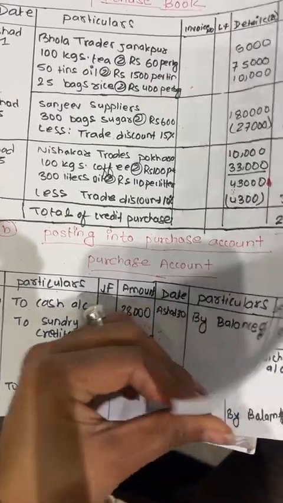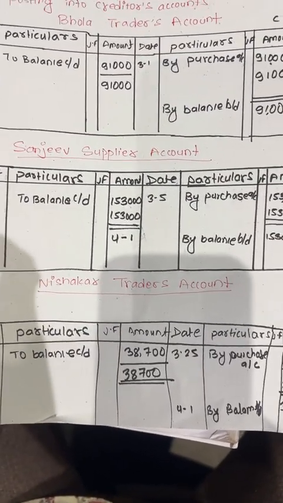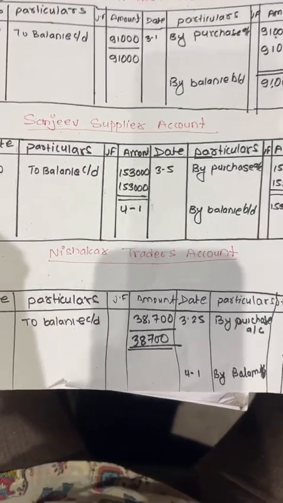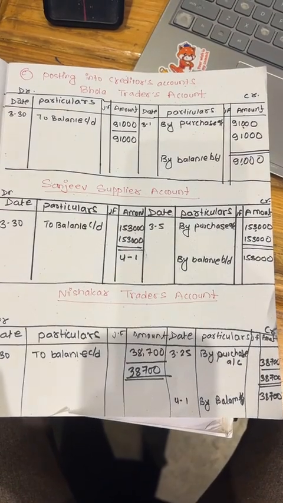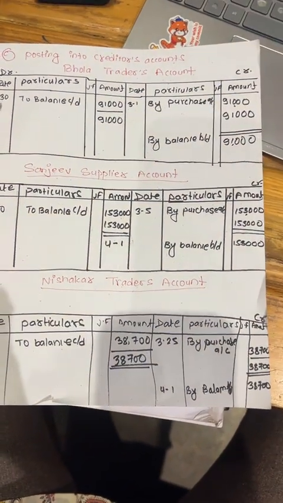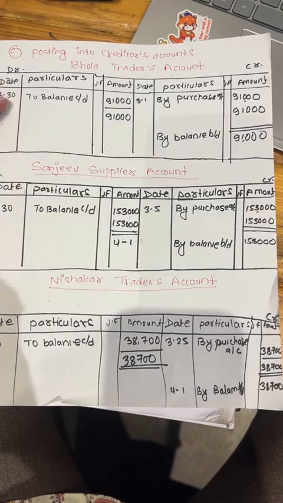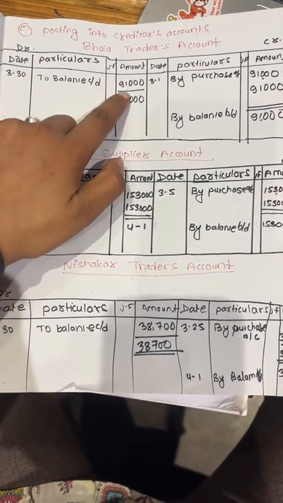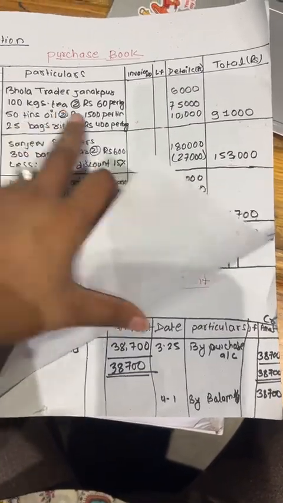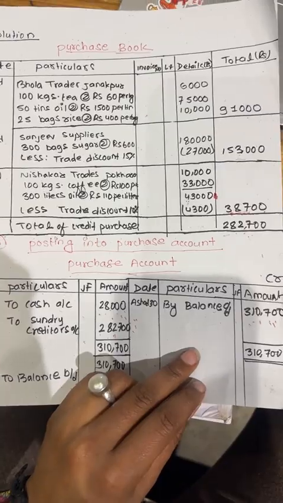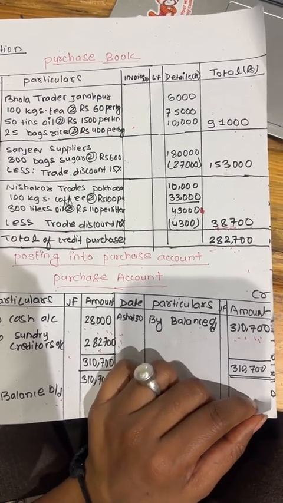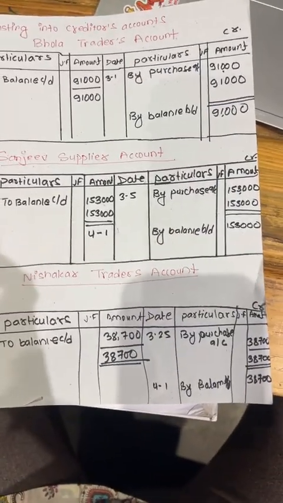And the way we also post the creditors' accounts, the creditors of Bhola Traders account is here, with date, particulars, JF, amount on the debit side and the credit side. The balance carried down is 91,000, because from Bhola Traders we only recorded 91,000, as we purchased on credit 91,000.